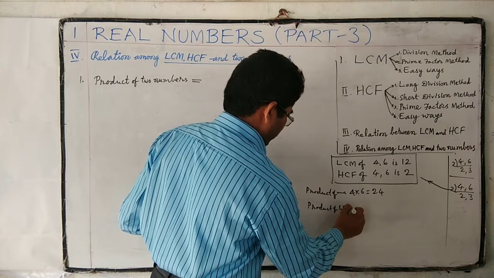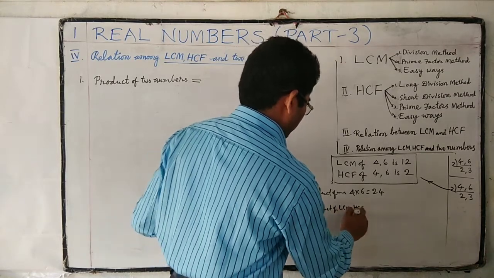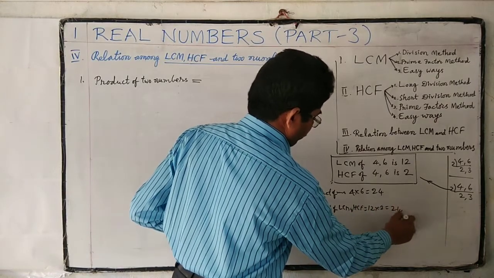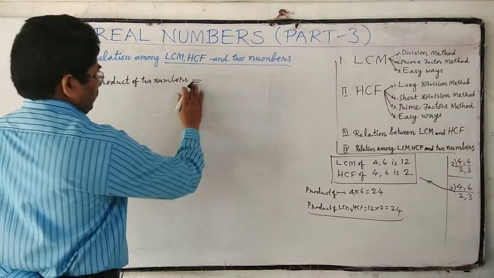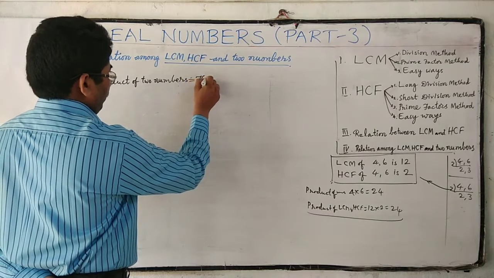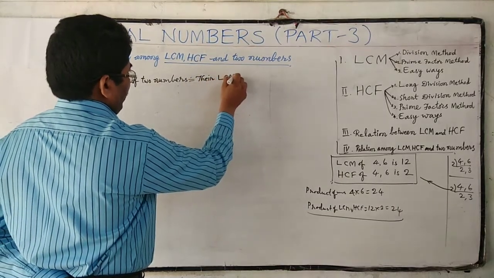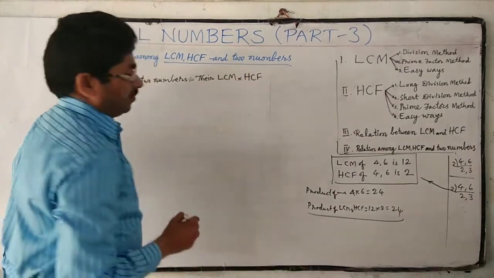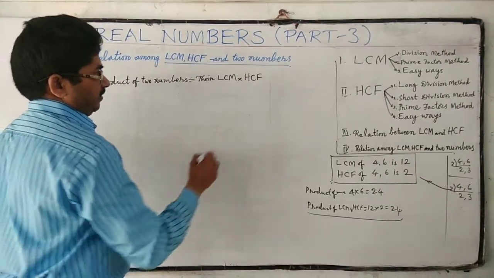LCM into HCF: 12 2s are 24. So the product of two numbers is equal to their LCM into HCF.